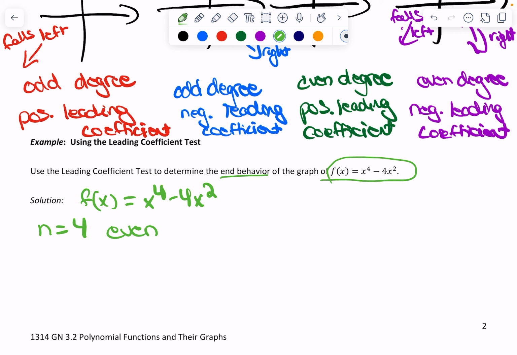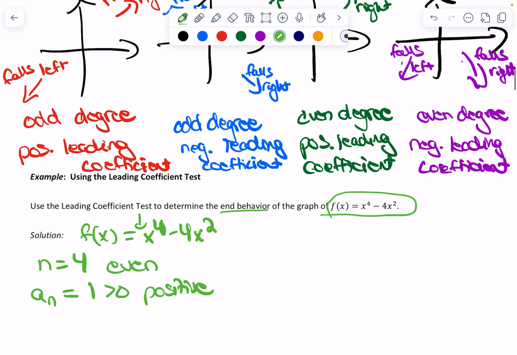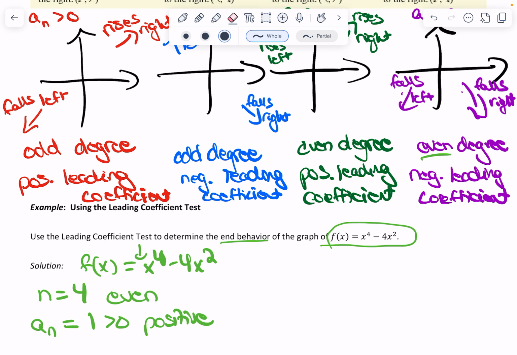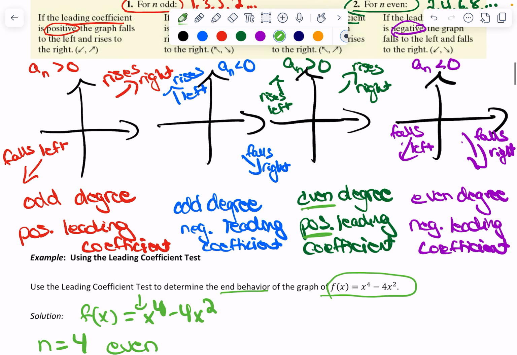That comes from the highest exponent. Our leading coefficient, there's no number, so it's going to be a 1. It is the understood 1. That is greater than 0, which means that it is positive. So even and positive. So rises left and rises right.